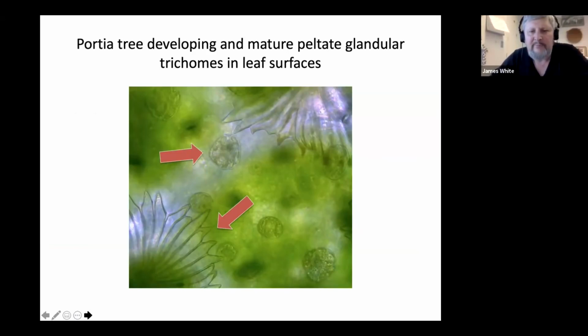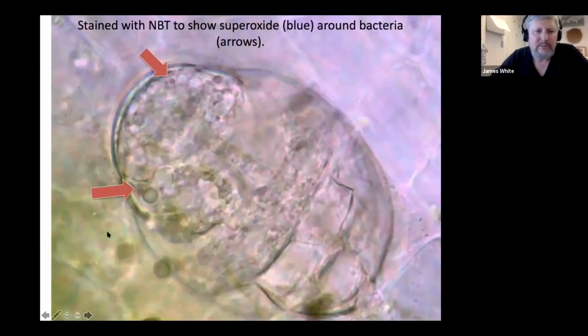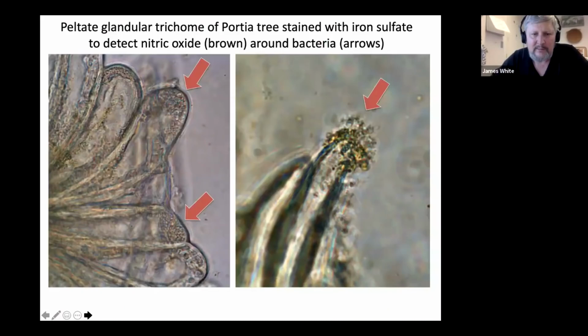But if you look closely at those, looking at the arrows, this is one of these Portia tree glandular trichomes. You can see the little spherical structures there, and you see the purple around it. The purple is the ethylene being produced in various places inside. This is a fully mature Portia tree here. They form these peltate trichomes, little umbrella-like structures.